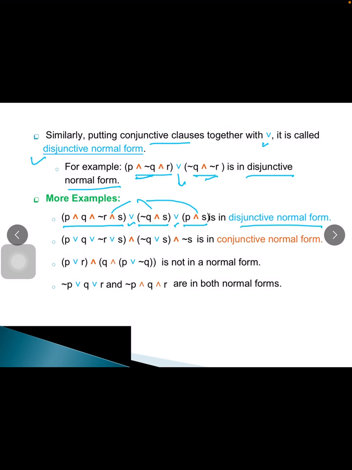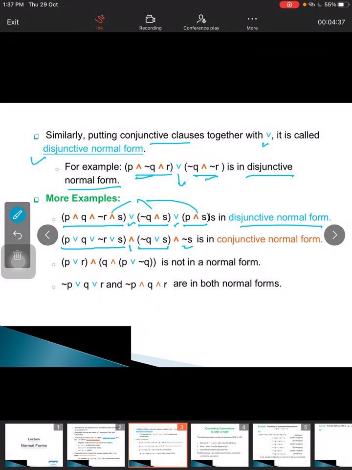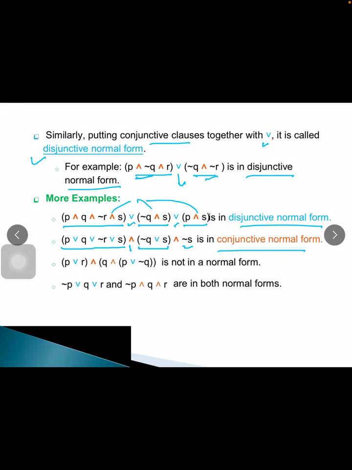Similarly, if we have disjunctive clauses like p or q or negation r or s, and another disjunctive clause negation q or s or negation s, and all these disjunctive clauses are connected with the conjunction, this is called the conjunctive normal form.